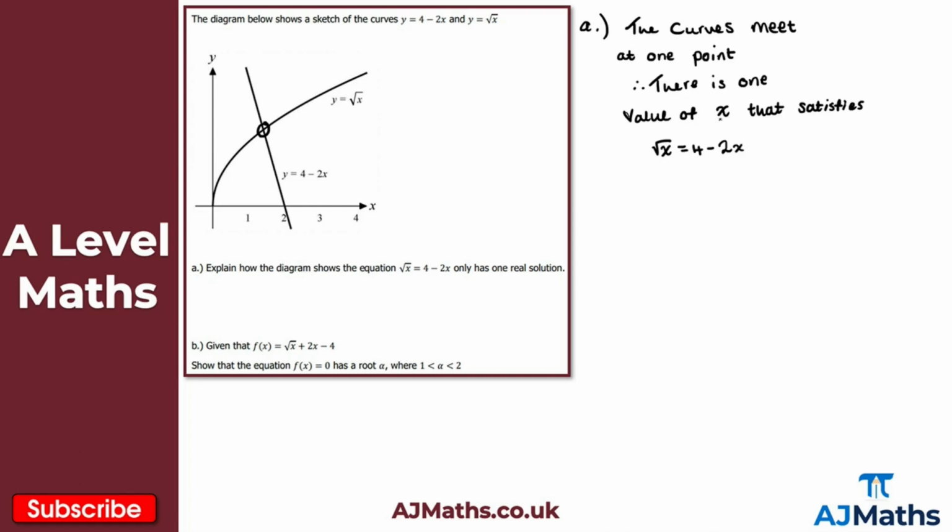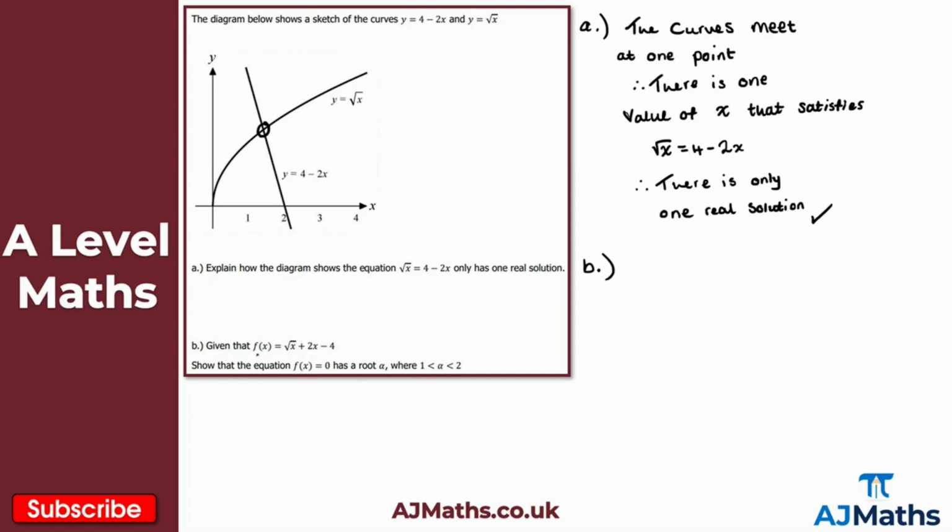And in this case here then, this shows that there is only one real solution. Okay. And there we have it. So that's all we need for the first part there, part A. That's part A done. Let's take a look now at B here.